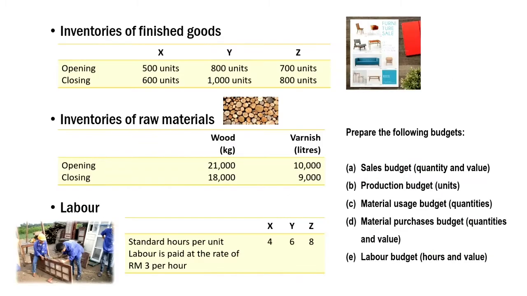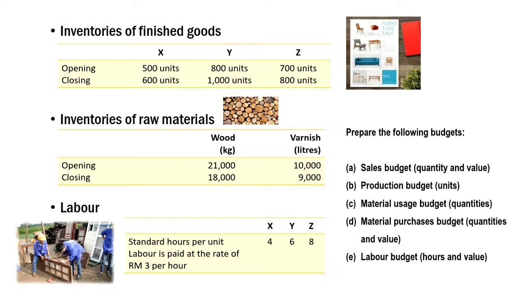Next information. Inventories of finished goods. So, the opening inventories of finished goods. When we call it finished goods, it means the product is already completed. The product is finished and ready to be sold to customers.